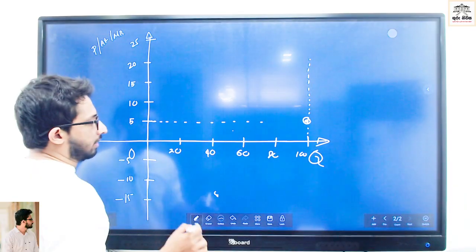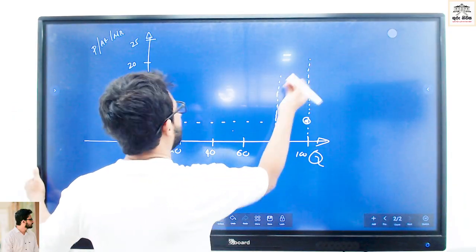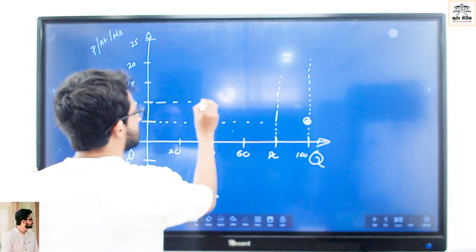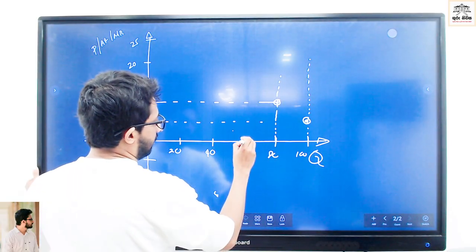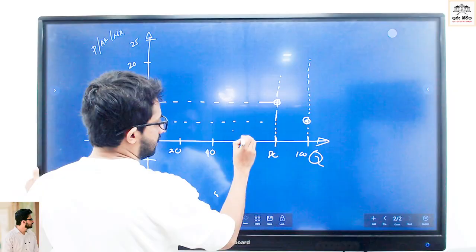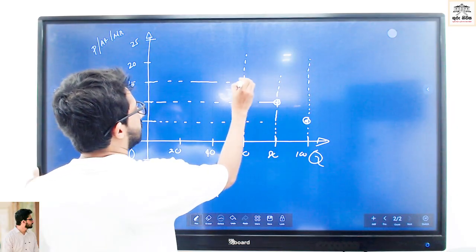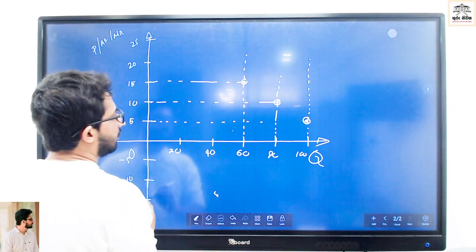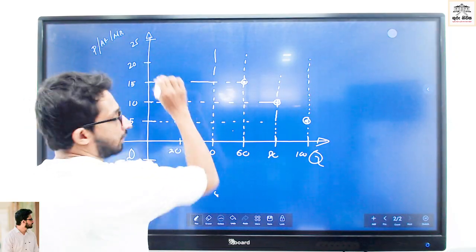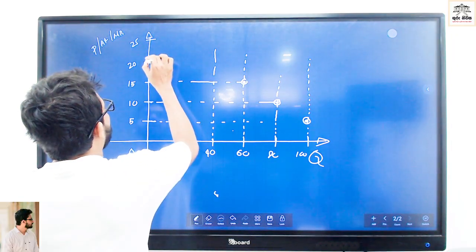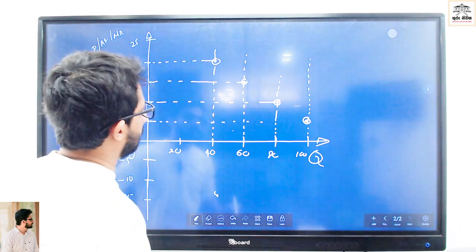Second one, when quantity is 80, AR is 10 rupees. When quantity is 60, AR is 15 here, right? When quantity is 40, look at the table, AR is 20 rupees.